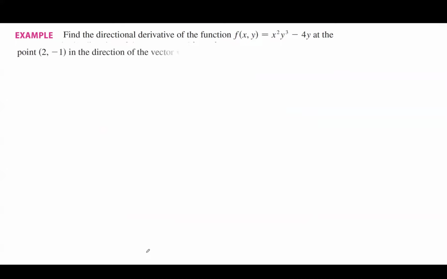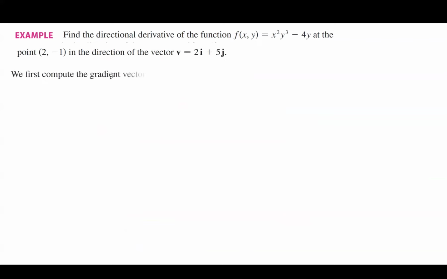Another example for you. Our goal is to find the directional derivative of the function x squared y cubed minus 4y at the point 2 and negative 1 in the direction of a given vector with components 2 and 5.